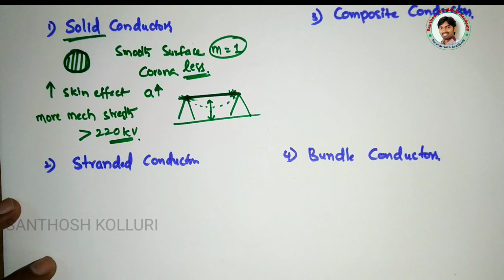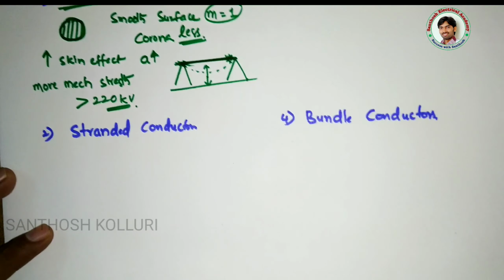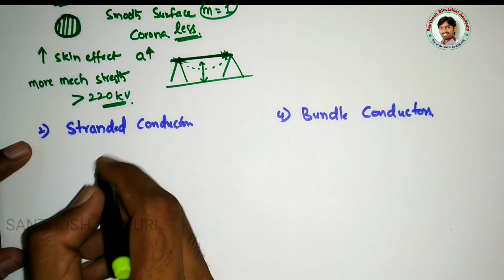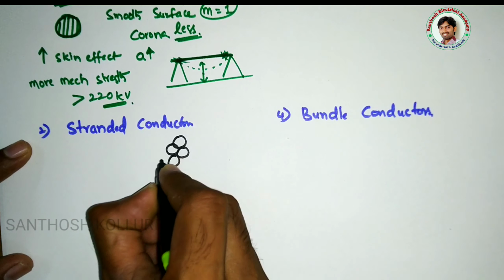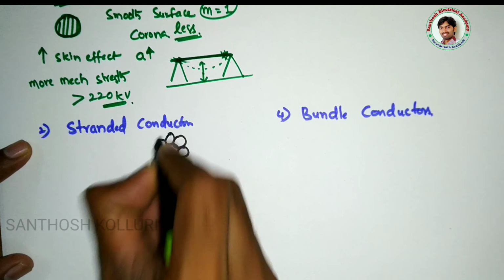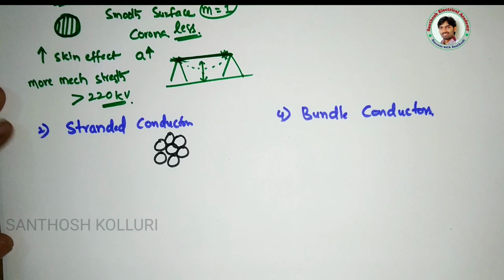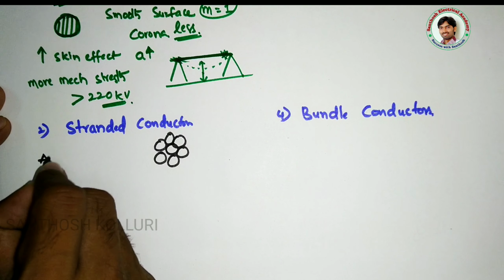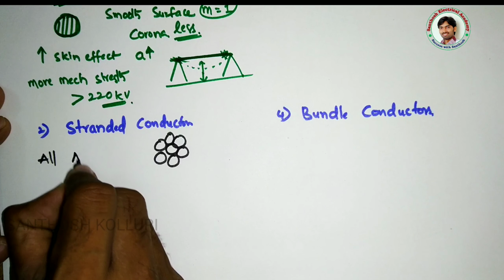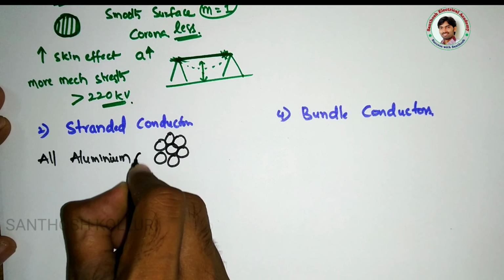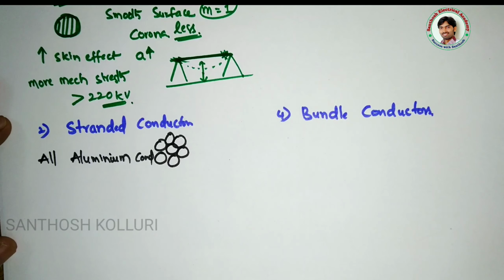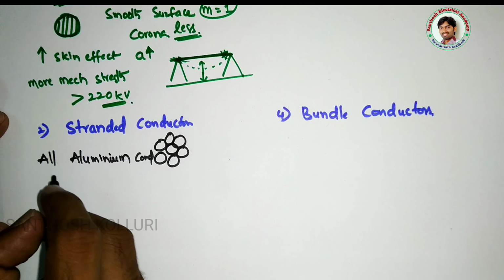In the stranded conductors, instead of using only a single conductor, we are using multiple conductors like this. So this is called stranded conductors, or all aluminum conductors. And roughness will be improved.